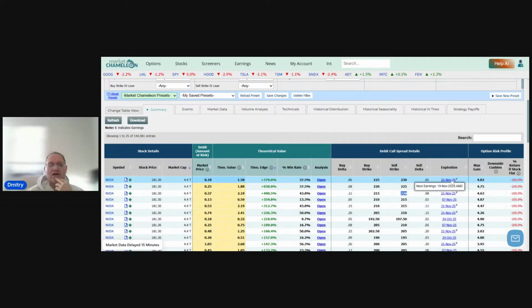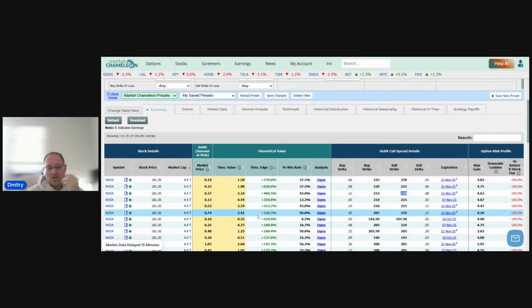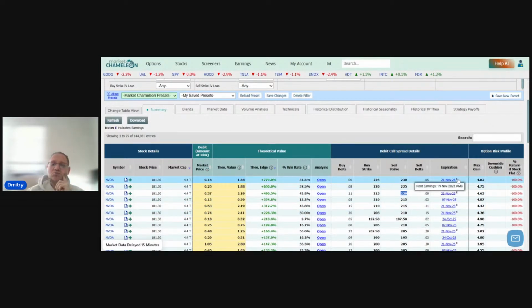So now I have November 21st, here's a November 7th, October 24th. So many different expirations. This little E tells us that this expiration will cover earnings. You see how I'm hovering over it. November 19th there'll be an earnings report, and that comes before the November 21st expiration.